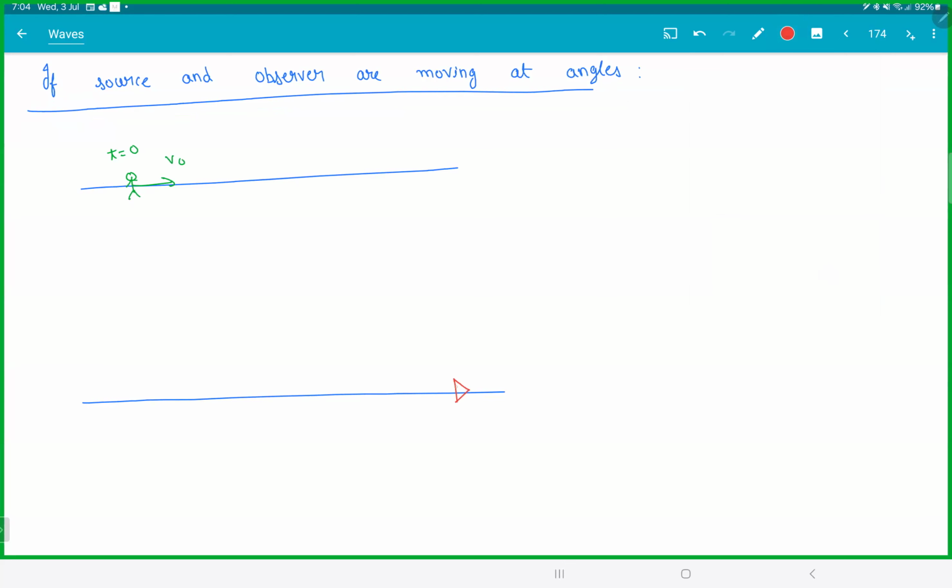And let's say we have the source here, frequency f, this guy is going with v_s. This is t equal to 0. Now, the important thing here is the formula is still fine.